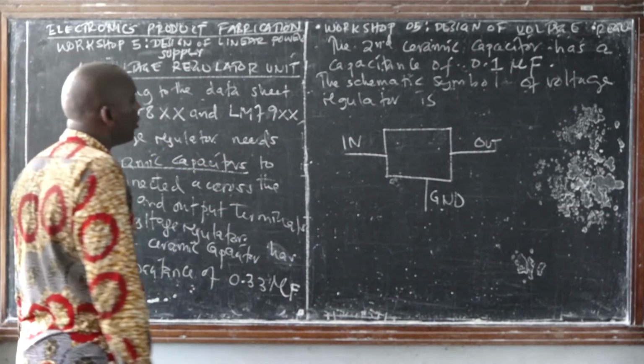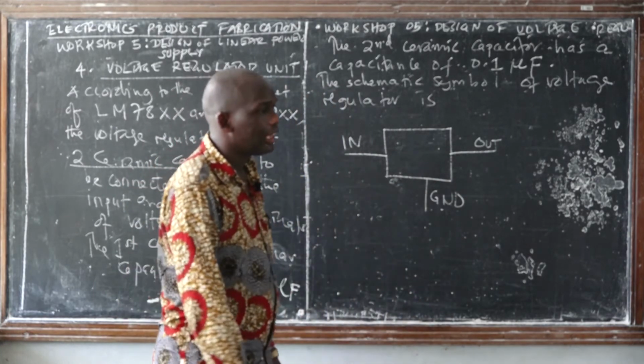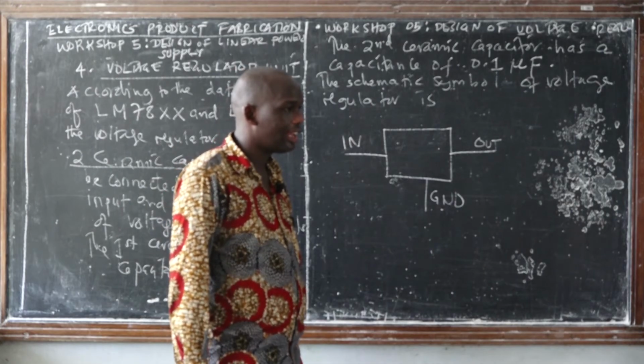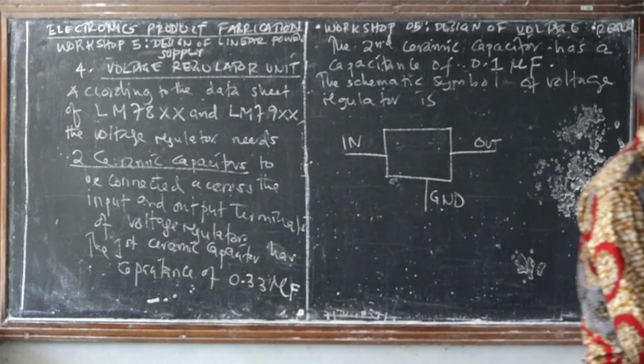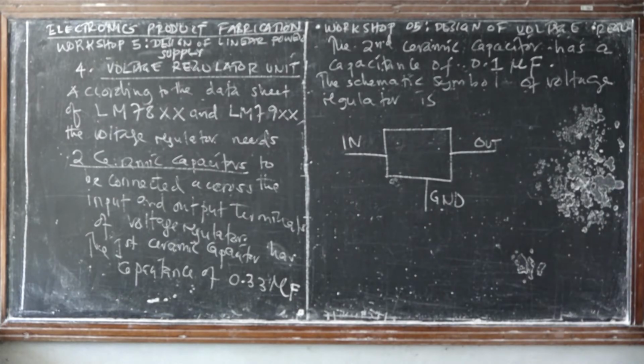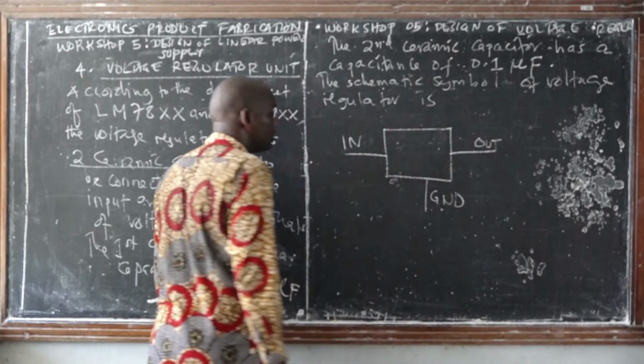So the schematic symbol of the voltage regulator, whether it is the LM78XX series or LM79XX series, just has three terminals. One terminal is input, the other terminal is ground, and the third terminal is output. So whether it is providing 12 volt, or 24 volt, or 15 volt, or negative 18 volt, this is the schematic symbol of the voltage regulator.